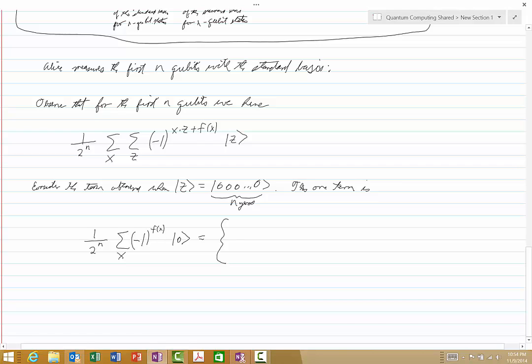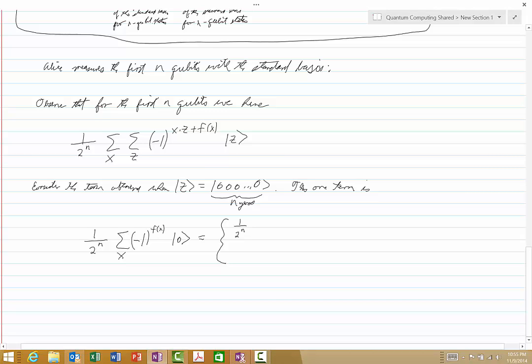Okay, so this will be 1 over 2 to the n. Now, suppose that f of x is constant. And it doesn't matter now whether f of x is constant equal to 0 or constant equal to 1. Let's just assume that f of x is constant.